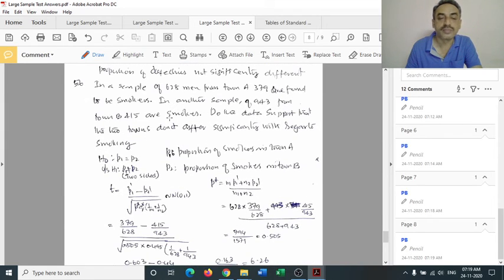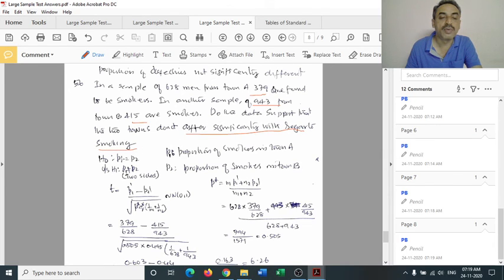Now the next question is, in a sample of 628 men from town A, 379 are found to be smokers, and in another town, with 943 men, 415 are smokers. Suppose we ask whether the data differ significantly with regard to smoking.